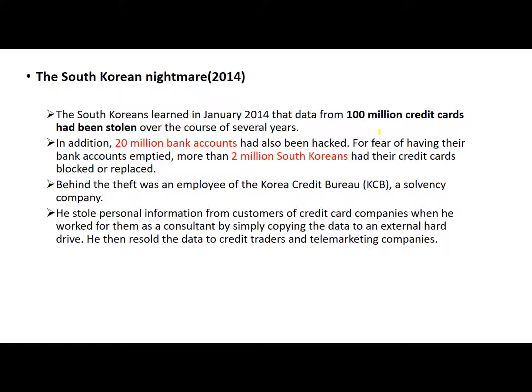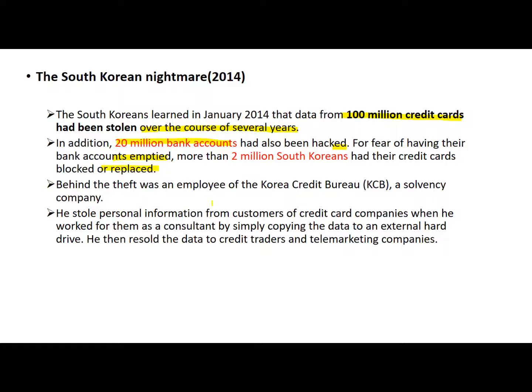In 2014, there is a South Korea hack event. In fact, 100 million credit cards were stolen over the course of several years. In addition, 20 million bank accounts had also been hacked. Because of the fear of having their bank accounts emptied, more than 2 million South Koreans had their credit cards blocked or replaced.